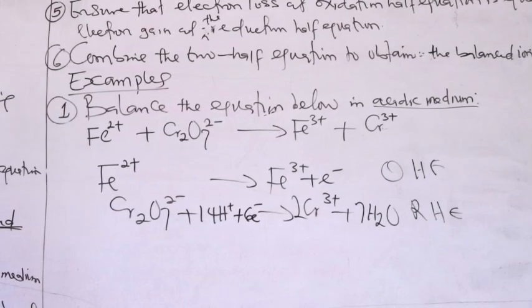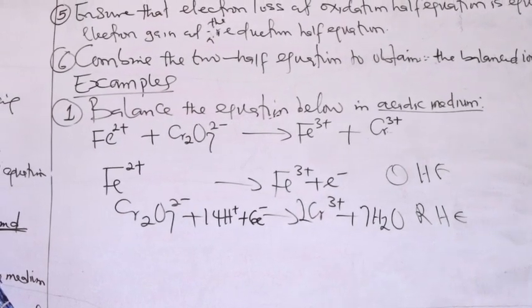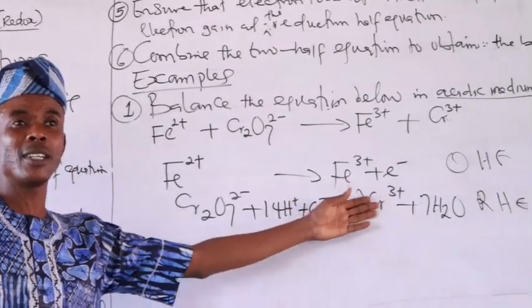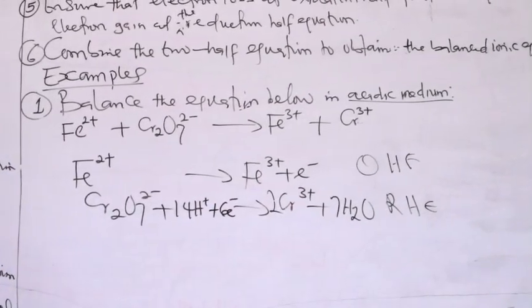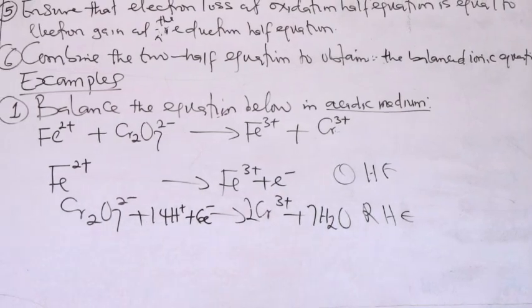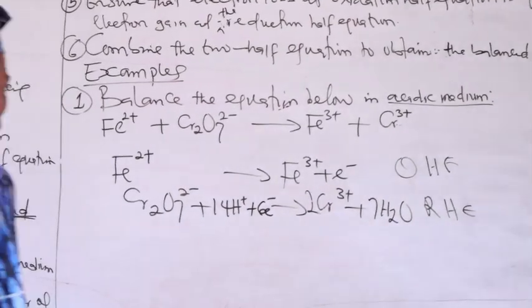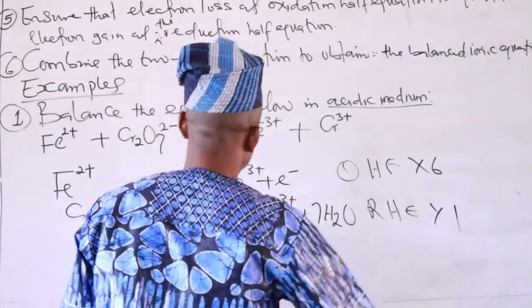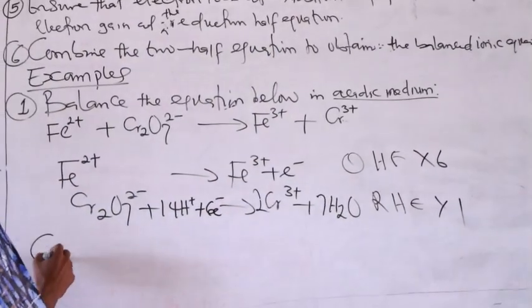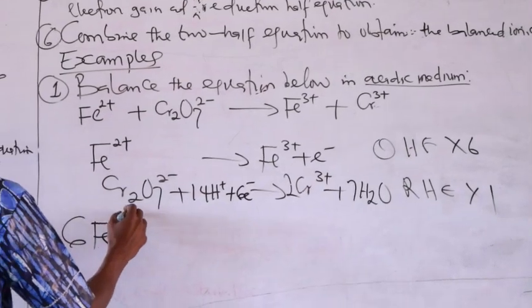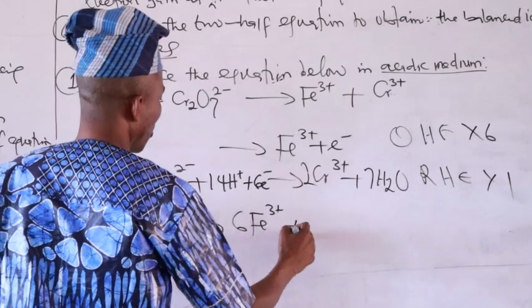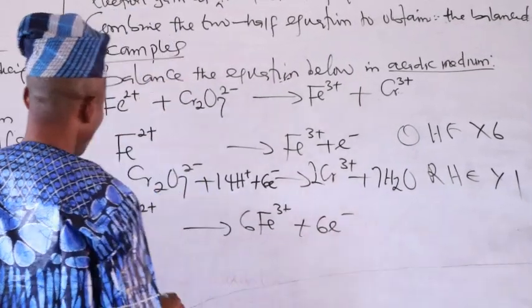The next step is for us to ensure electron loss equals electron gain. What do we do to do that? Multiply equation 1 by 6 and this by 1. So this gives us 6Fe2+ to give 6Fe3+ plus 6e minus.